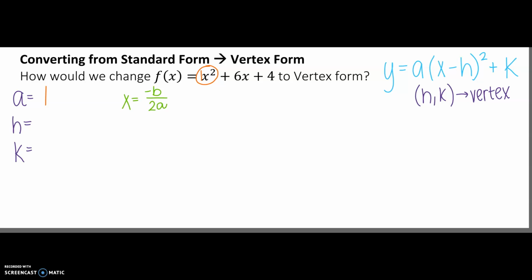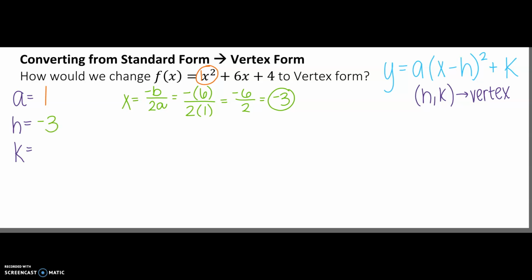So we can plug in our b value and our a value into this equation to get our h. So we have negative, parentheses, my b value of 6, over 2 times a, and a in this case is 1. So I have negative 6 over 2, which gives me negative 3. So negative 3 is going to be our h value.